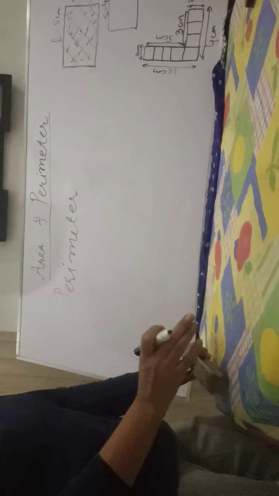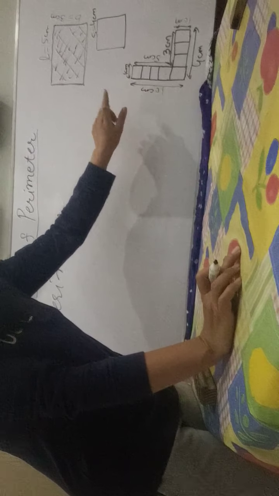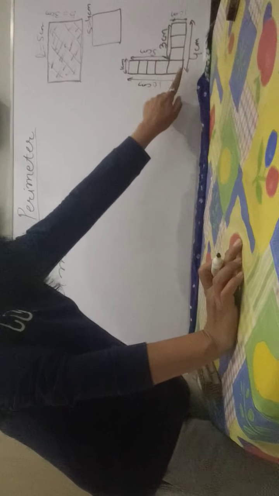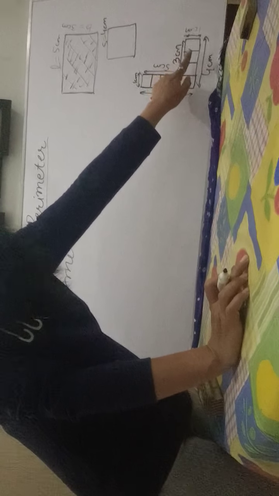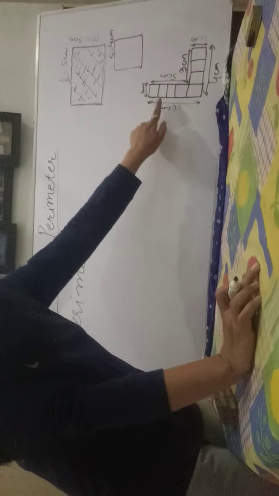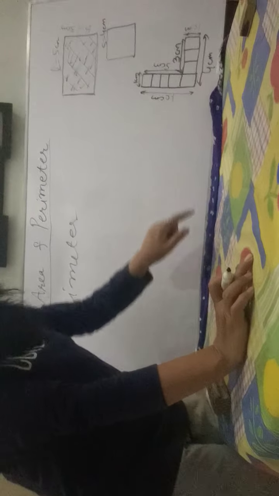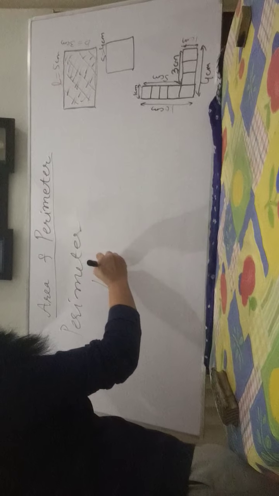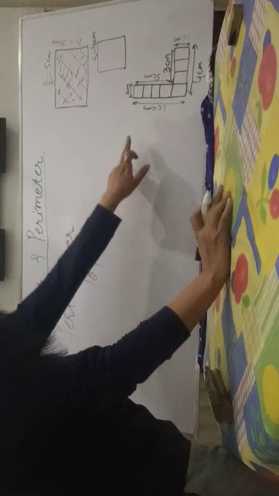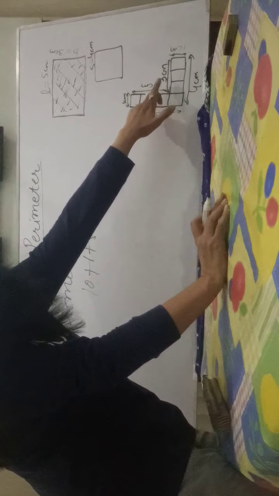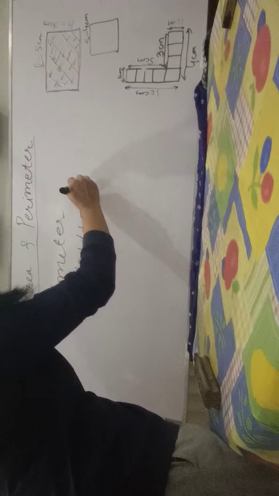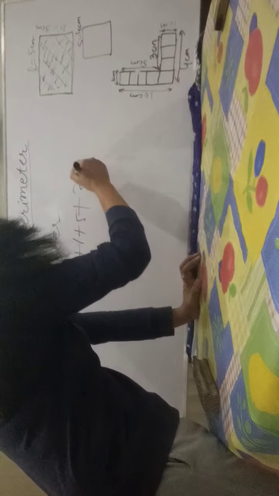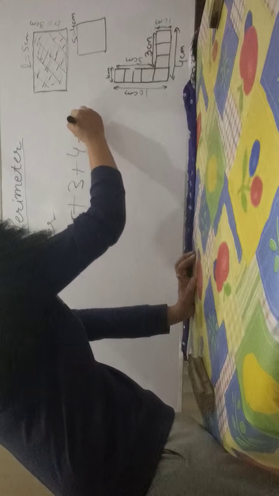And what about the perimeter of this type of figure? You are given all the lengths of this figure. Look here: 10 plus 1 plus 5 plus 3 plus 4 and plus 1.